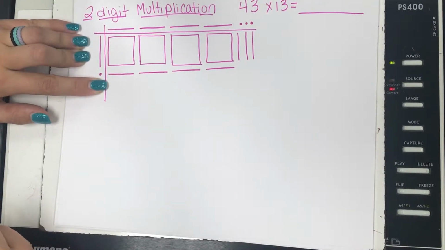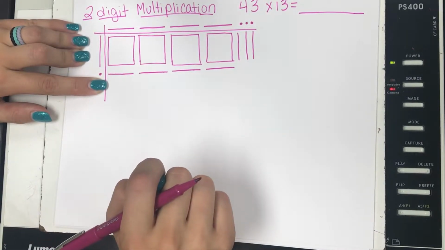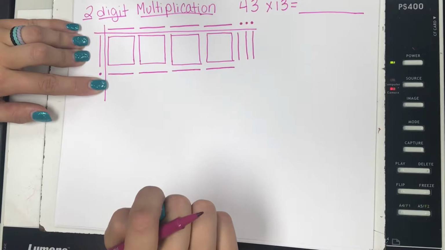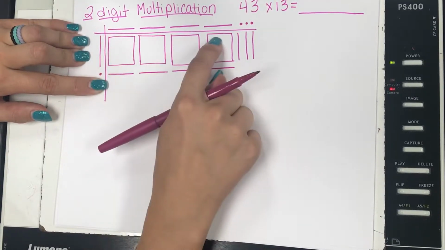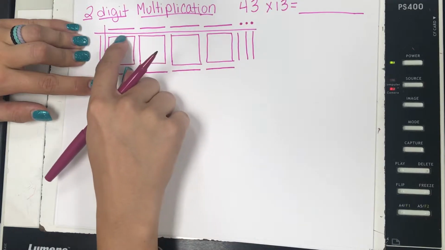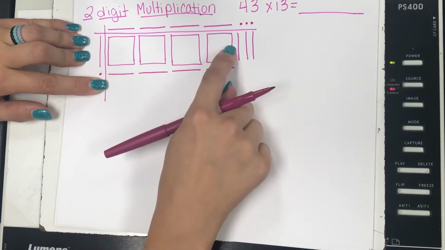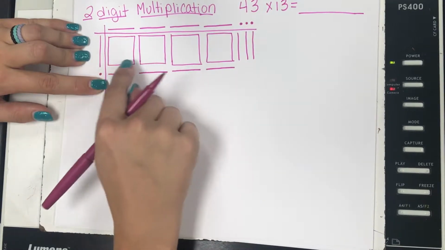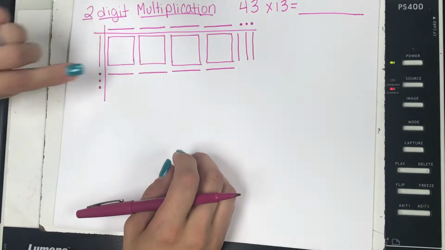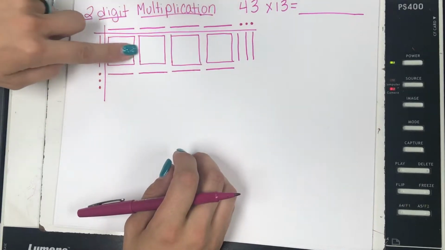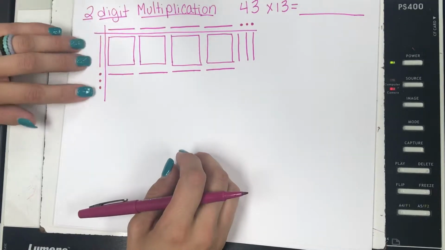Why do I have to put 4 10s across? Yes, ma'am. Is it 4 hundreds or are there 4 10s? There are 4 10s along the top. I did fill in 4 hundreds, but even if I took this row out, there would still be 4 10s along the top.